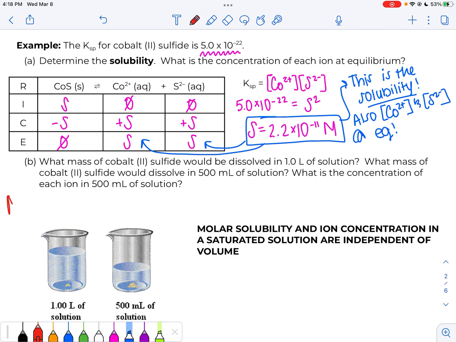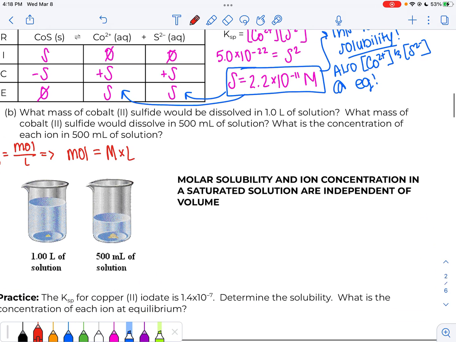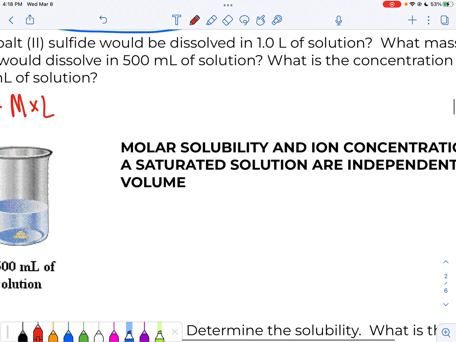So remember that molarity is equal to moles per liter. We can rearrange this to say that moles is equal to molarity times liters, our volume. So let's start with our 1 liter solution and solve for moles, n.